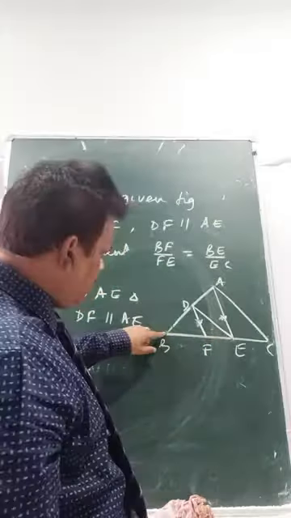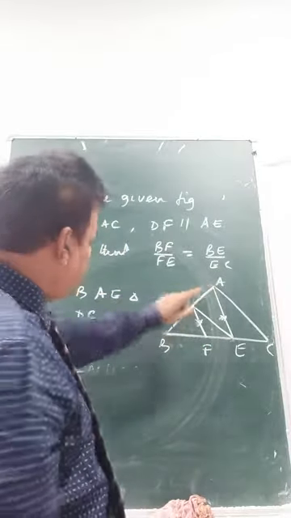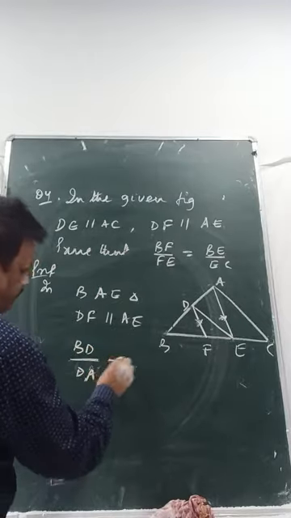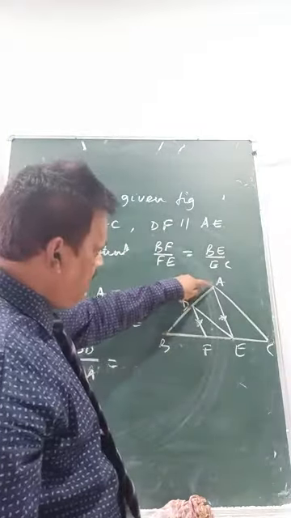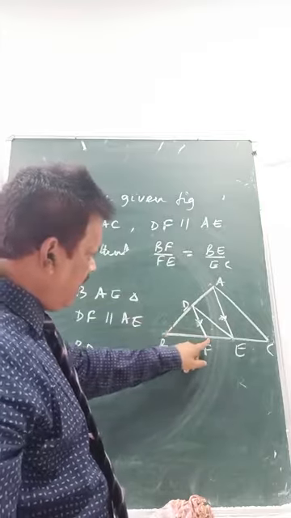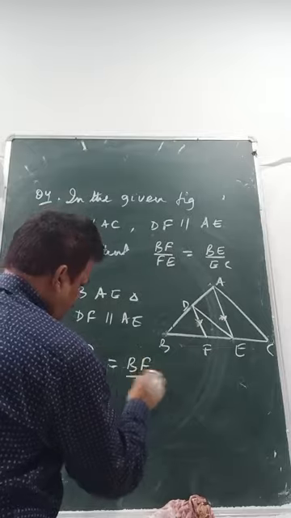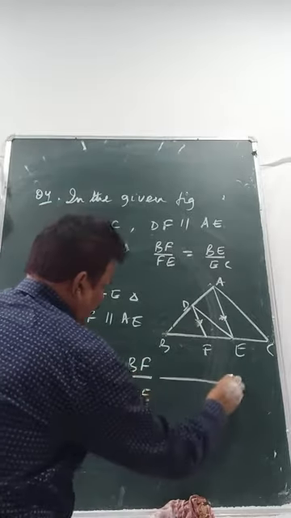So how will you start? BD by DA equals BF by FE. Equation number 1.